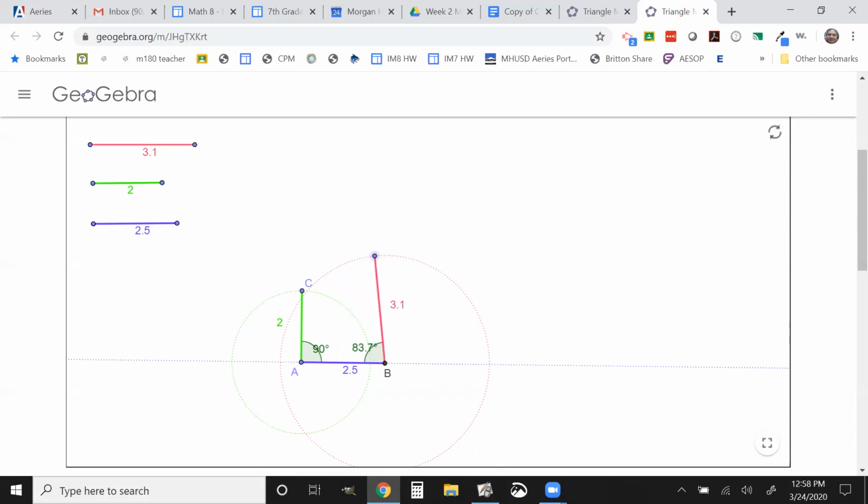But then they want to get a side of 3.7. Well, which side should we make 3.7? So if this lets me move the angles over here, I can use this to increase the sizes. So maybe I'll make the green one 3.7. If that's the case, then this one, I'm going to have to aim it correctly.